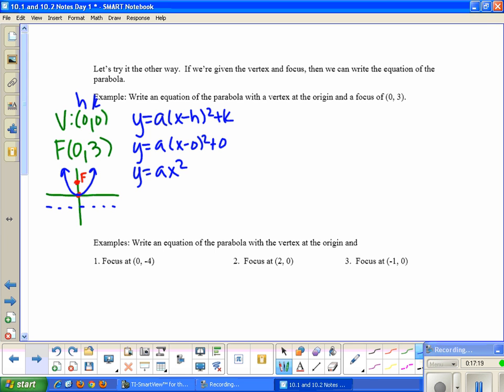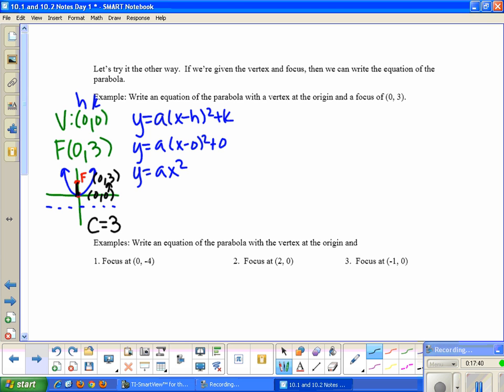So to find the a value, I need to know what the distance from here to here is on my graph, and I can even just count. If my vertex is at (0, 0) and my focus is at (0, 3), then notice I change my y value up 3. So that means my c value is equal to 3.